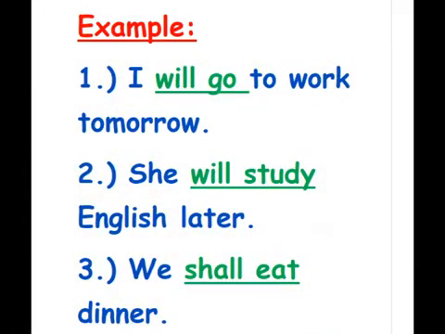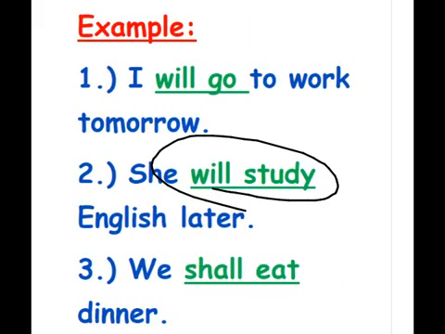So this is actually an example. I will go to work tomorrow. So, I will. Next, she will study English later. The keyword there is later. We shall eat dinner.